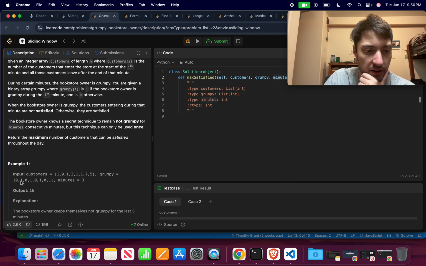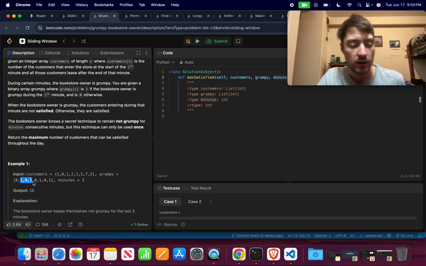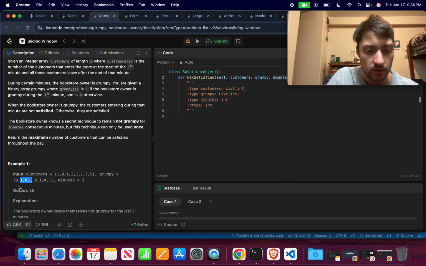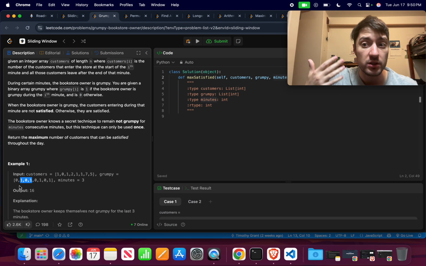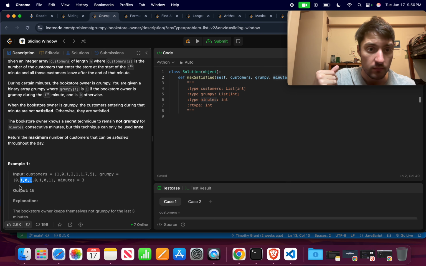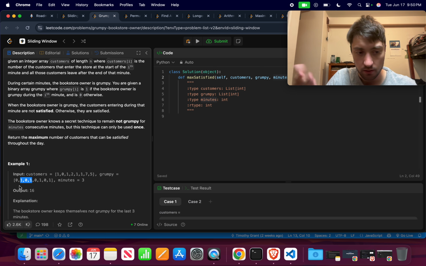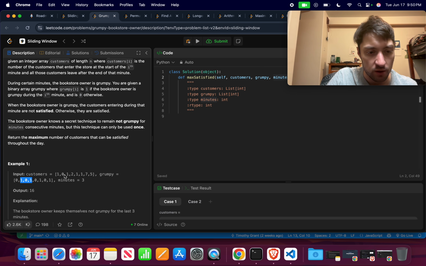Then I'm going to come and have a 3 window here. And then I'm going to say, well, how does this increase my satisfaction? Okay, which that corresponds to this one. Let's see, this one and this one.